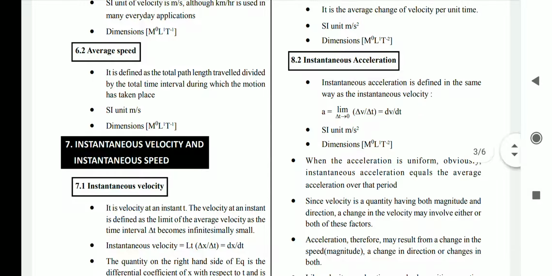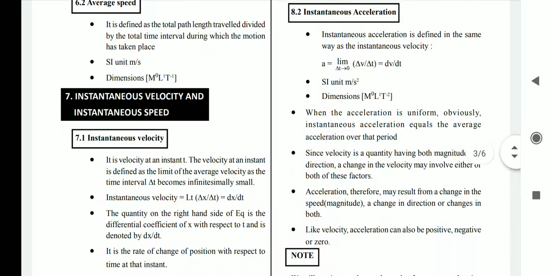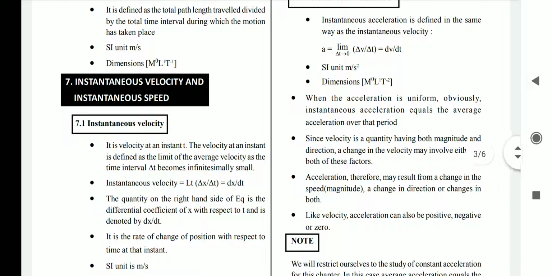Now, instantaneous velocity and instantaneous speed. Instantaneous velocity or speed, from the word itself, indicates the velocity or speed at a particular instant of time. For example, the speedometer of a vehicle gives us instantaneous speed, that is, it indicates the speed at every interval of time.